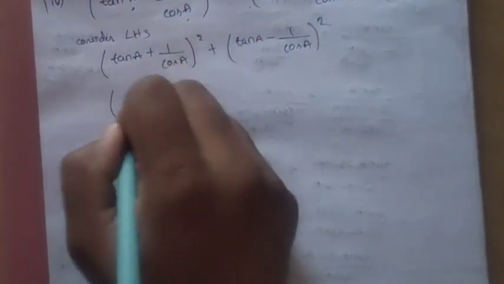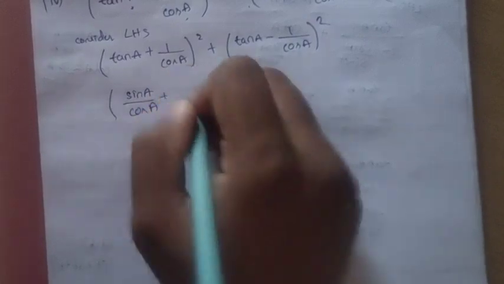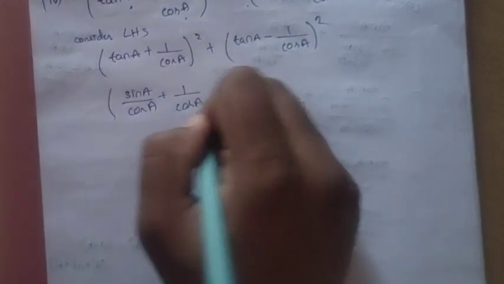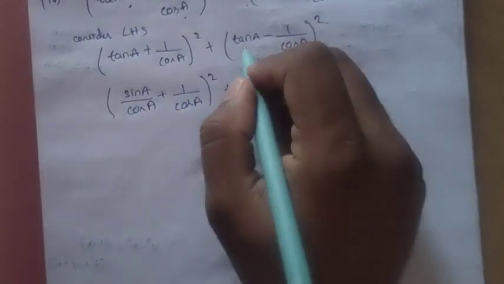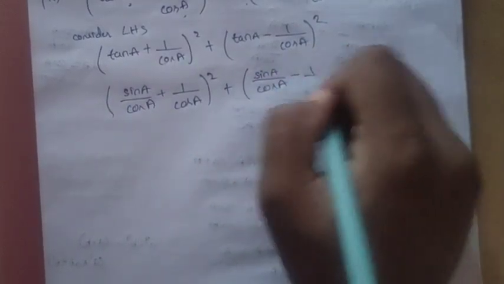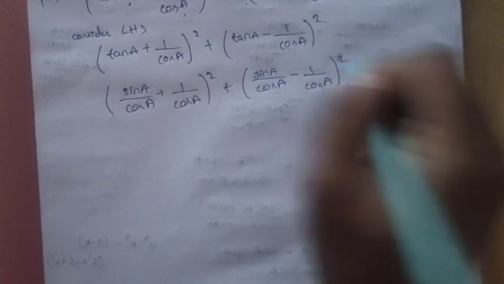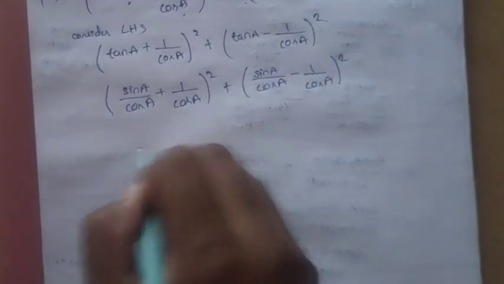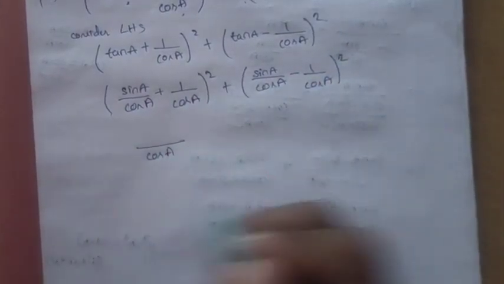Now tan a can be written as sin a divided by cos a, plus 1 divided by cos a as it is, whole square. Similarly, tan a can be written as sin a divided by cos a, minus 1 divided by cos a, whole square. Here the denominator cos a is the same, so we will write the denominator as it is.